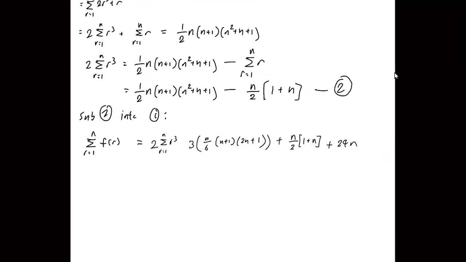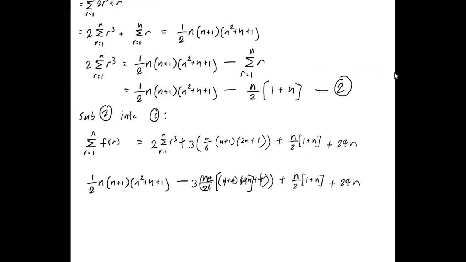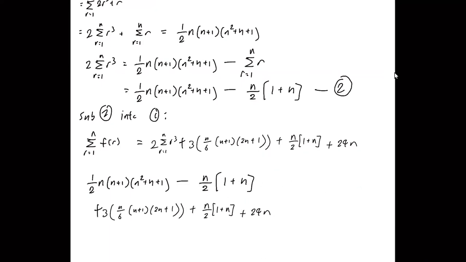But now we have to sub in this with equation 2. So just copy and paste, plus the remaining part. Just put it at the side like that. And there you go. That's your answer already. Don't need to simplify. Answer.